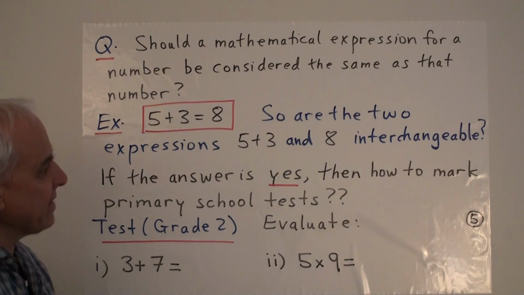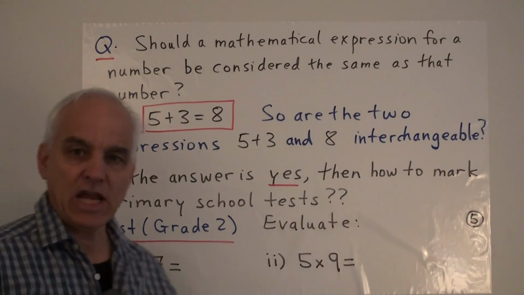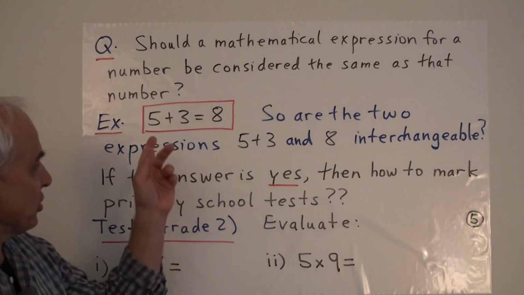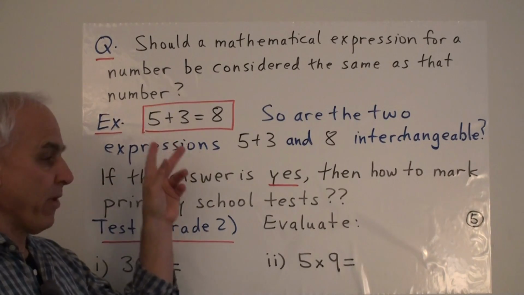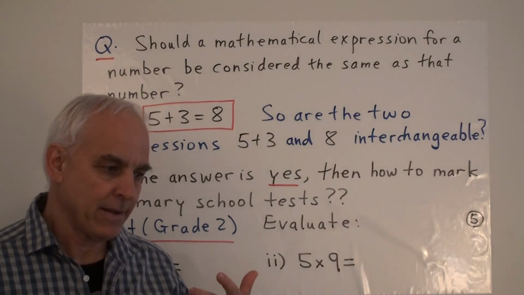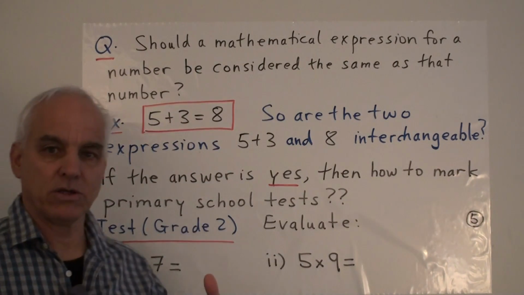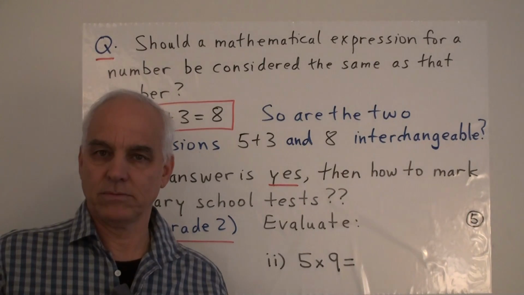And well, we could ask then, does that mean that the two expressions 5 plus 3 and 8 are interchangeable? So is this asserting that if you do a certain operation then you get something? Or is it asserting that this expression and this expression are to be considered completely interchangeable?